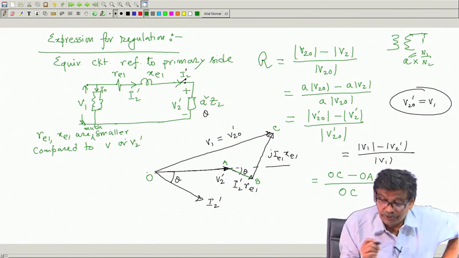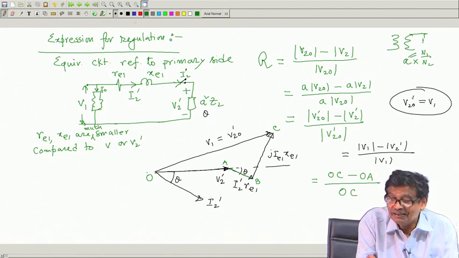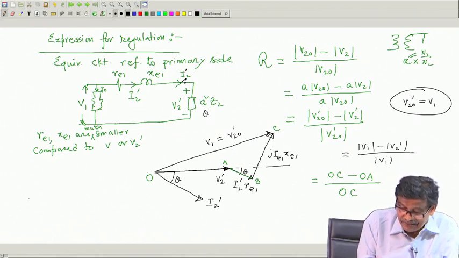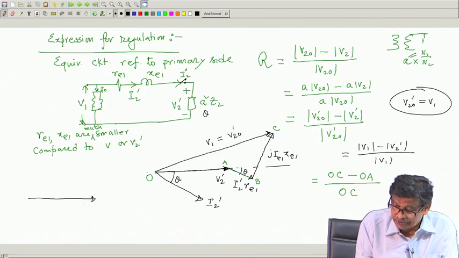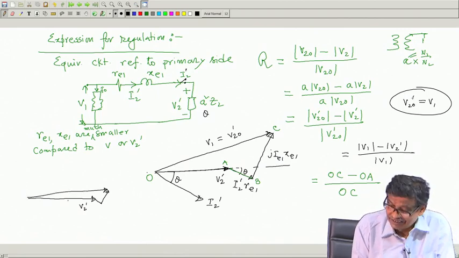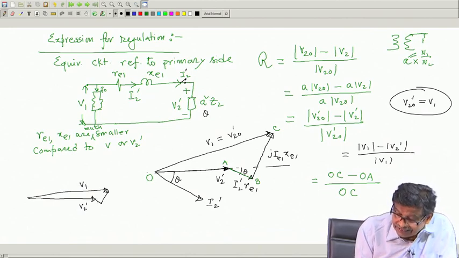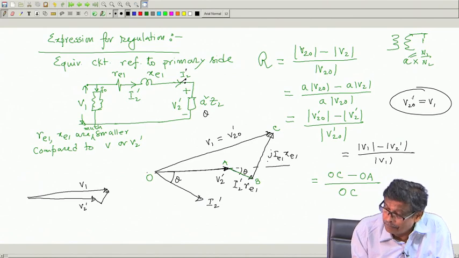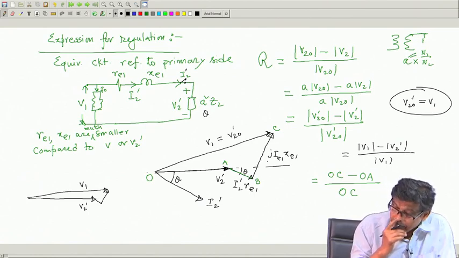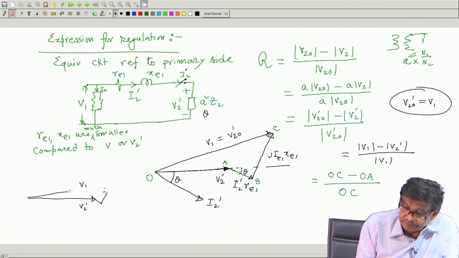That is, in other words, what I am telling, it will be something like this. If I draw it to the scale, maybe it will look like, if this is your V2 dashed, it will be like this. Are you getting? This is where I am making this. So, these lengths are really small compared to this lengths. So, you have got the idea, it will be like this.